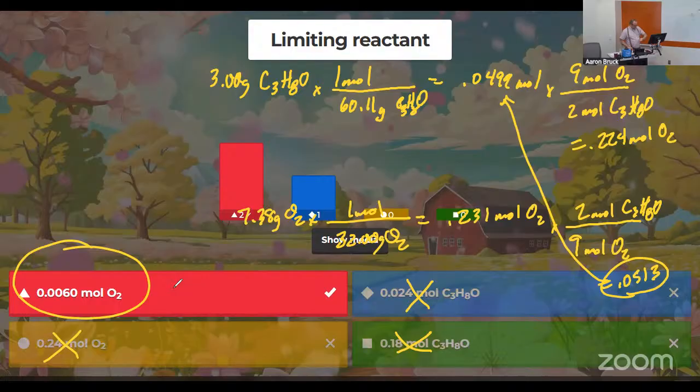All right, we've got about 10 minutes left. Do we want to keep doing calculations or do you want to take a look at exam 3?